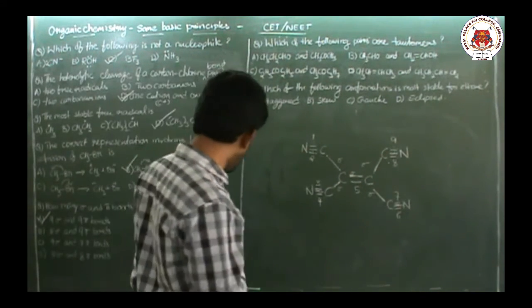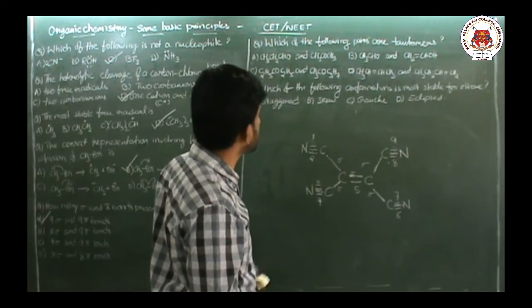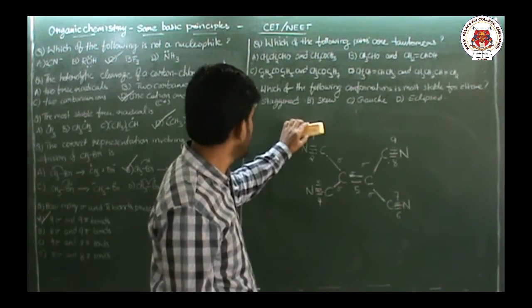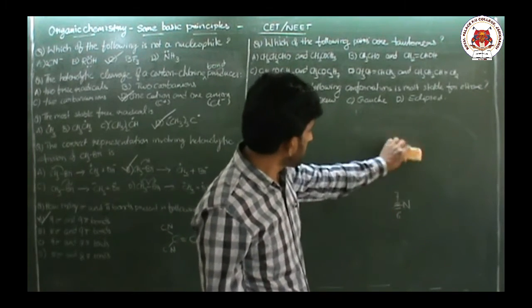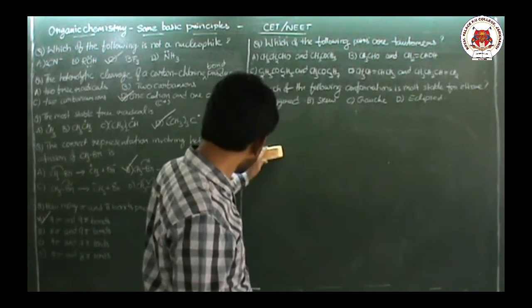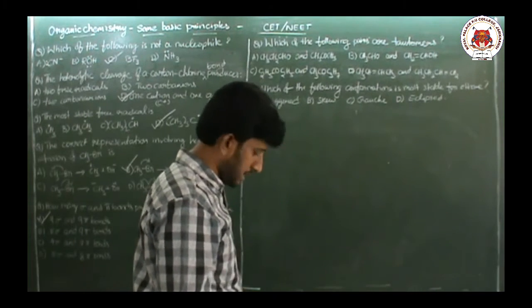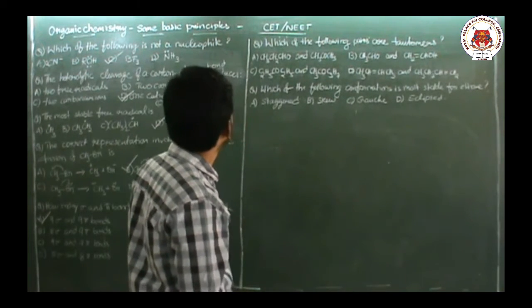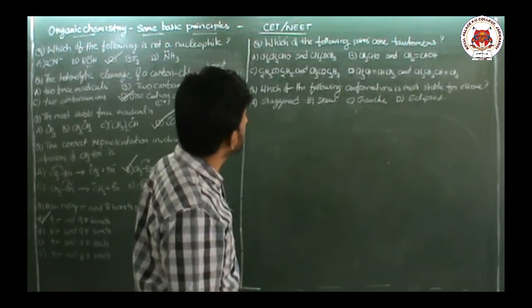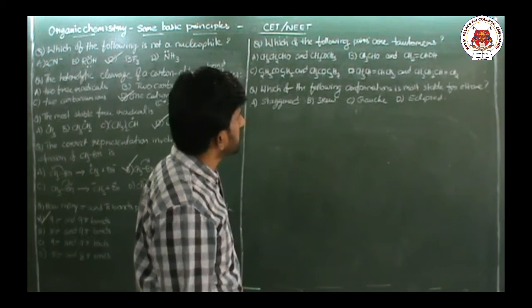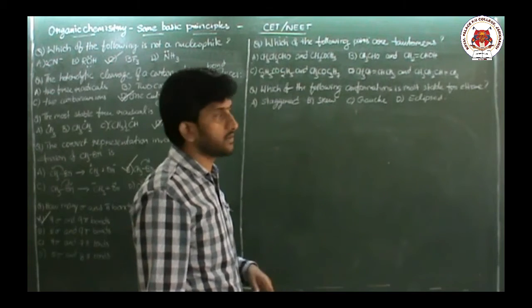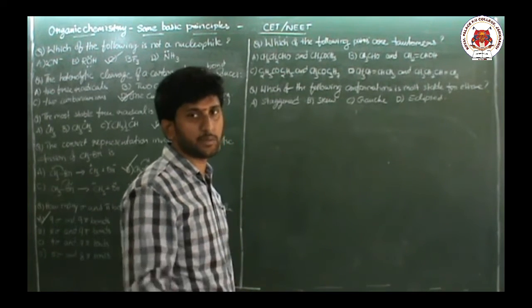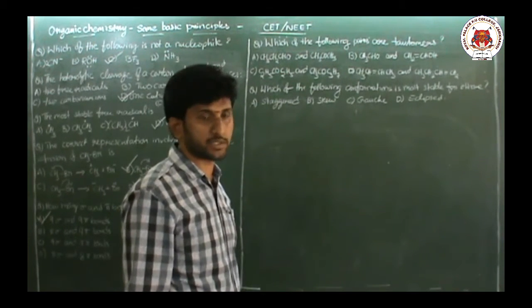Next question is, which of the following pairs are tautomers? Now what are tautomers? The isomers that differ in the location of the hydrogen in first and third positions are called tautomers.